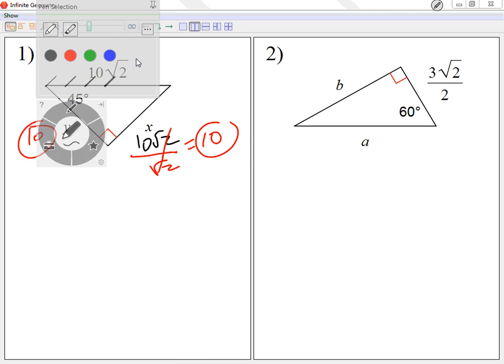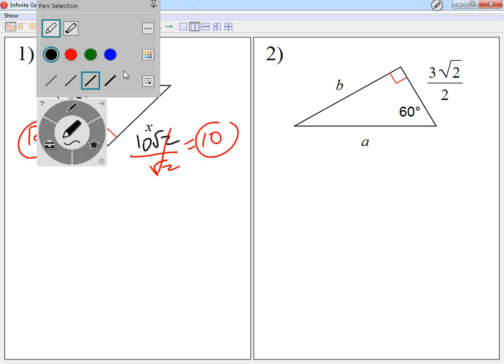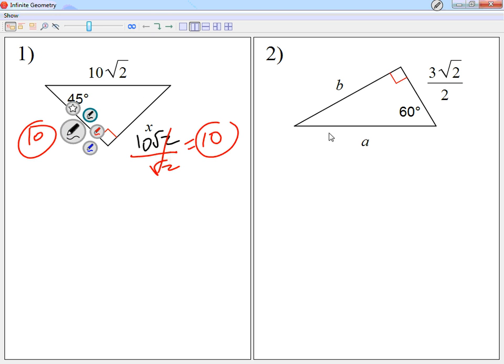For me to solve for a, on question number 2, let me write the number, 3 radical 2 over 2. Like I said, write down what you have, and then figure what to do with it. From the small side to the hypotenuse, I know I multiply by 2.